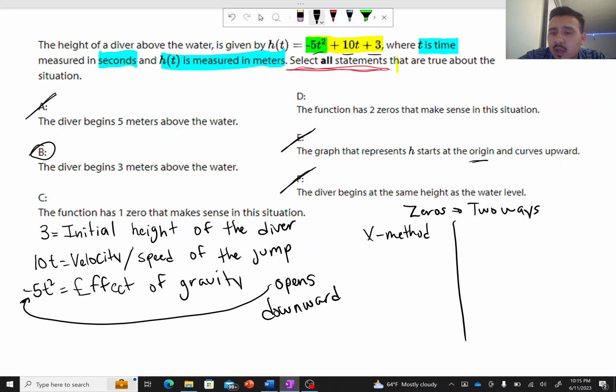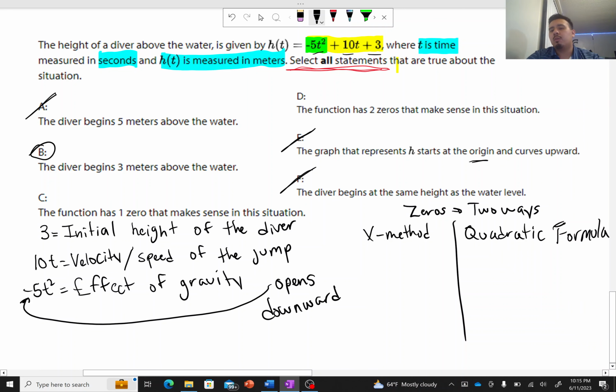And the next one, quadratic formula. I'm going to go ahead and let you know that the X method does not work. There are no two numbers that will give you 15.